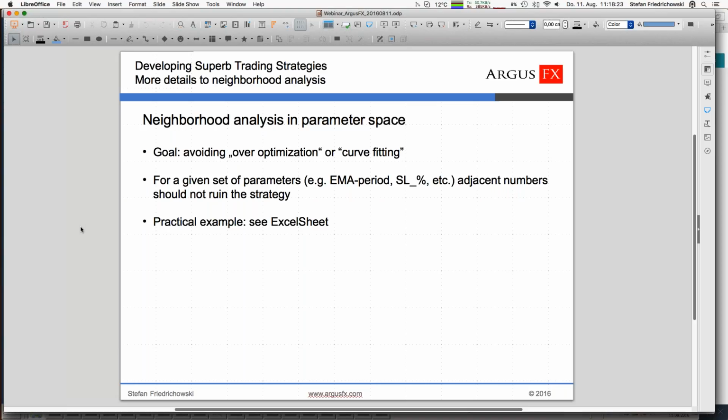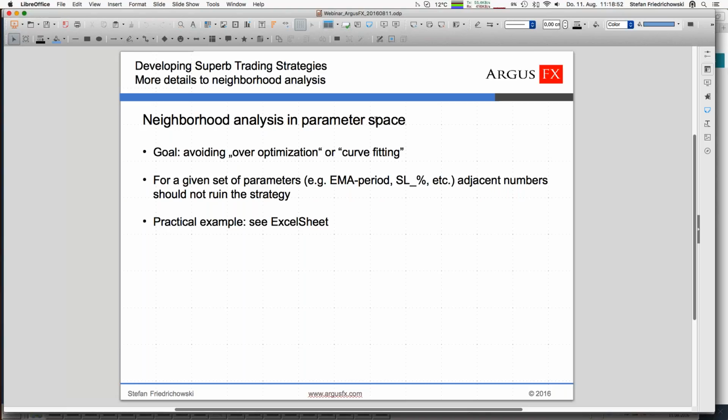We can change the percentage value for our stop loss. And finally, we would have something like the risk reward ratio for that trade. And we have those 3 parameters, or those 3 degrees of freedom, that span the parameter space for our strategy.